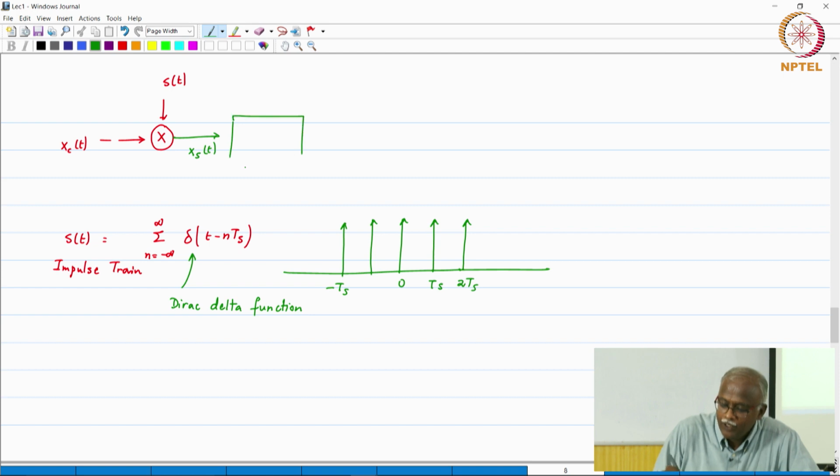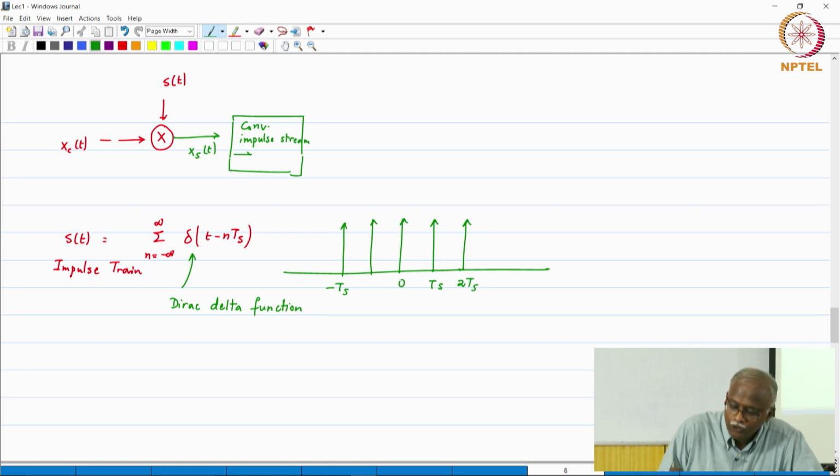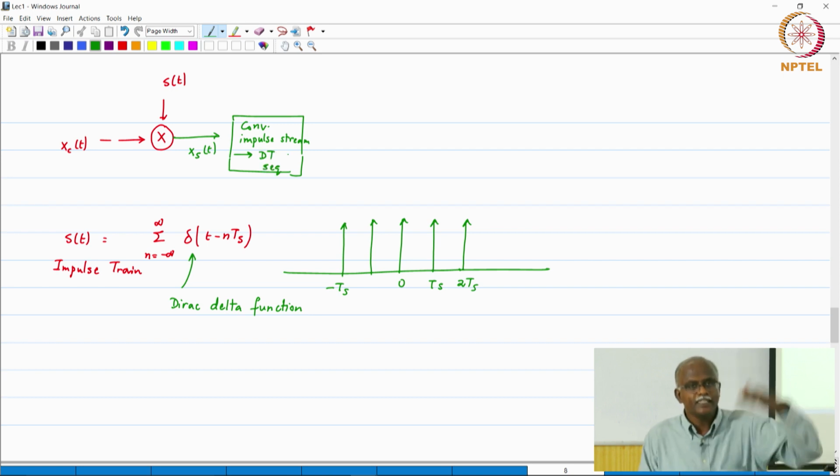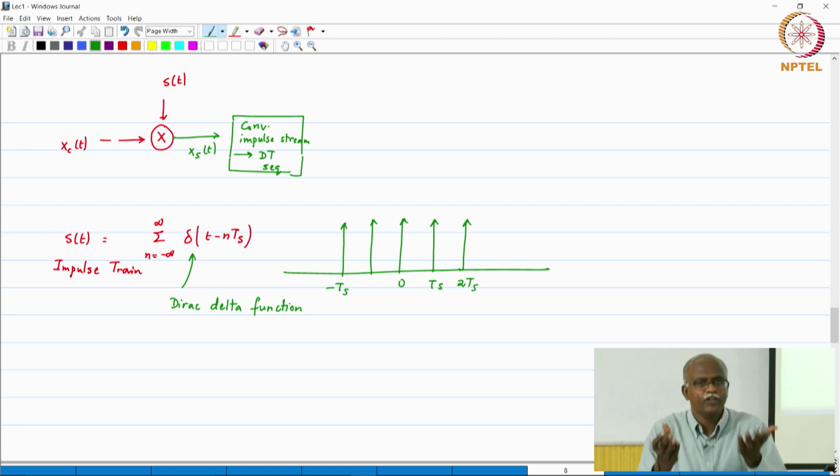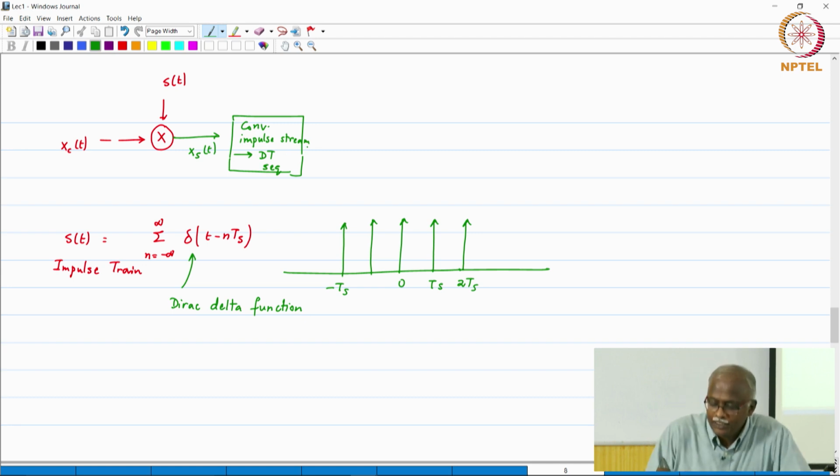So I have a box that says I will convert the impulse stream to a discrete time sequence, because xc of t is a current or voltage or some analog signal. So this has to be converted into a sequence of numbers.